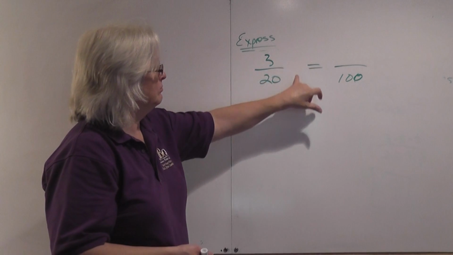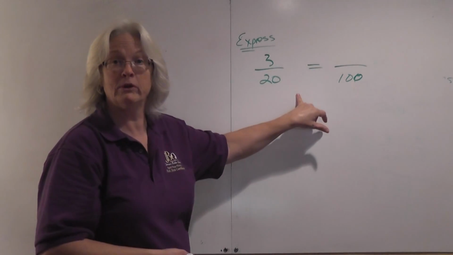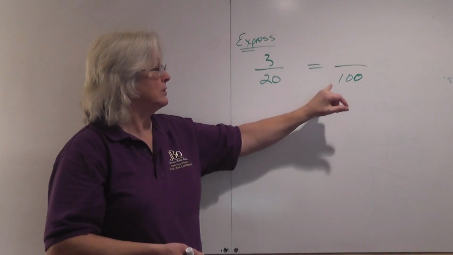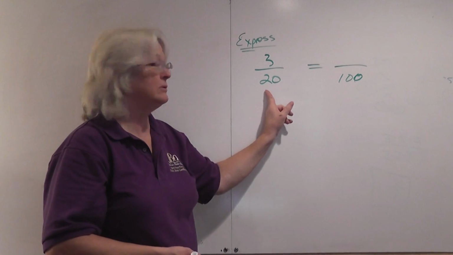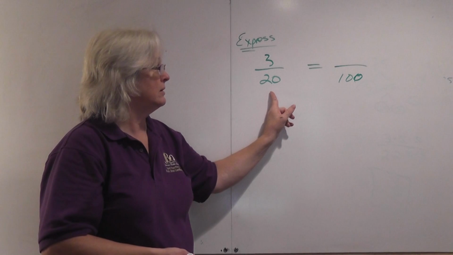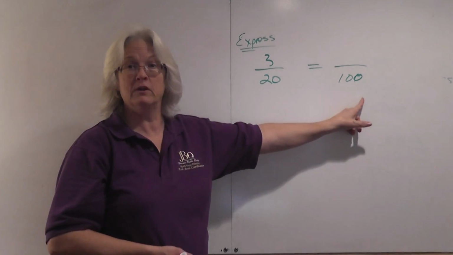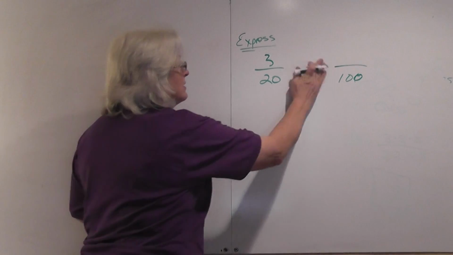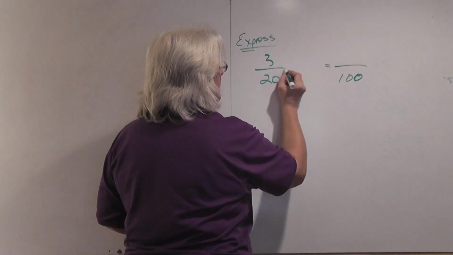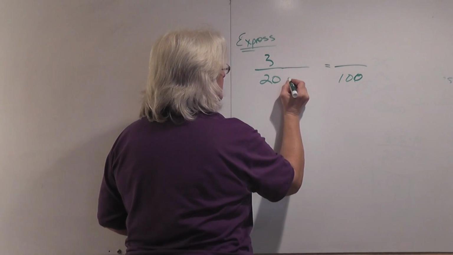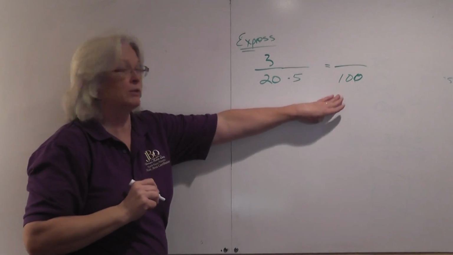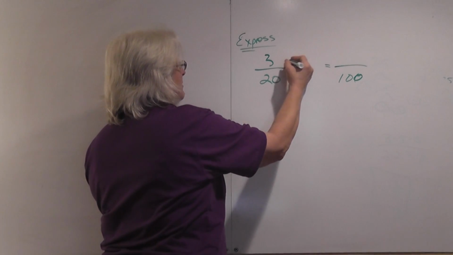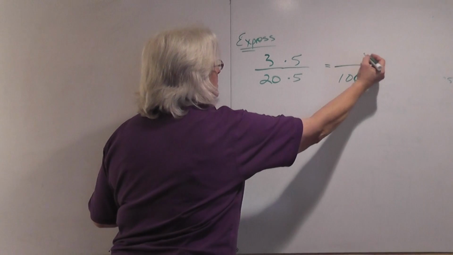What do we have to do to 3/20 to change the denominator to 100? What did we do to 20? 20 multiplied by 5 gives us 100, doesn't it? So if we had to multiply by 5 in the denominator to end up with 100, you multiply by 5 in the numerator as well.